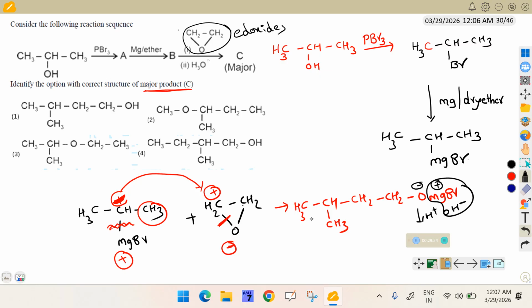MgOHBr you can remove. Then it gives CH3CHCH3CH2CH2OH. The first option is the correct option.